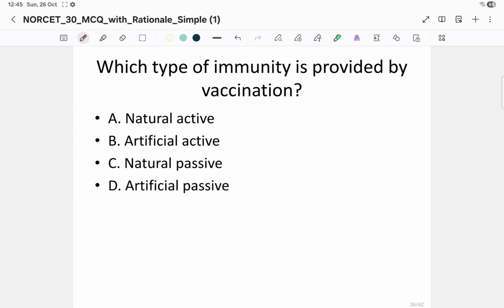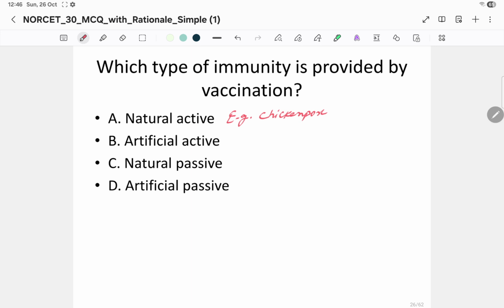So what is natural active immunity? It means antibodies made after exposure to an infection. For example, like getting an infection from chickenpox.